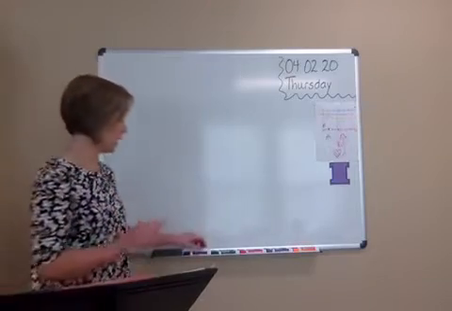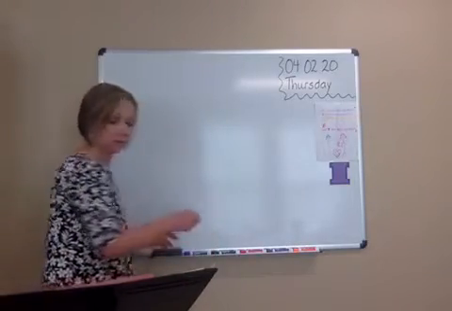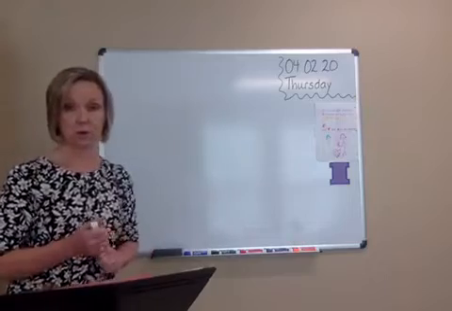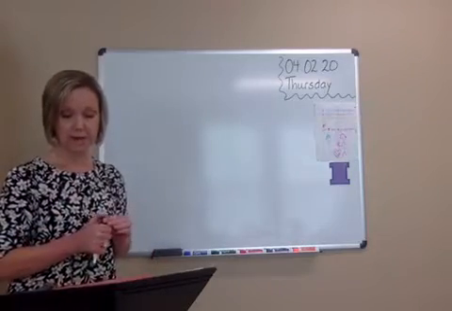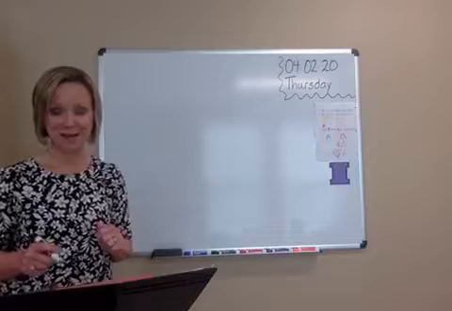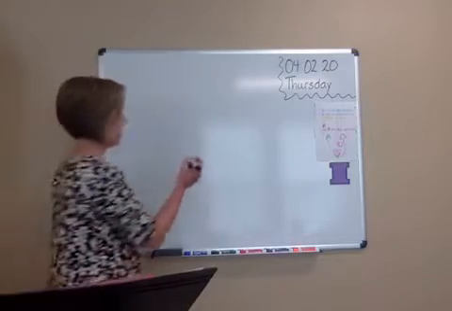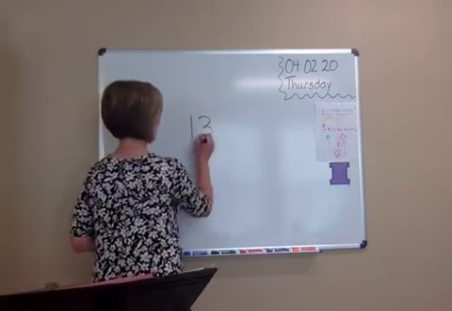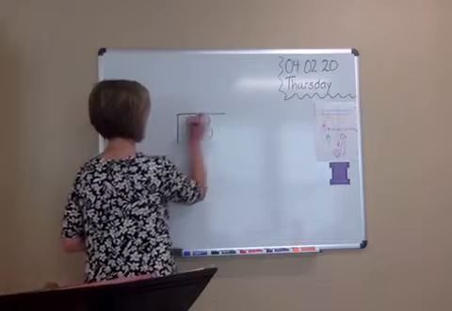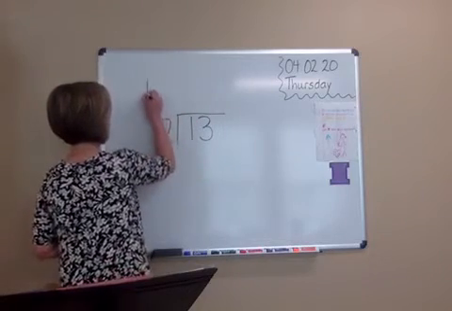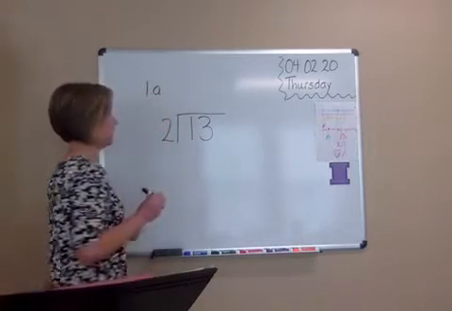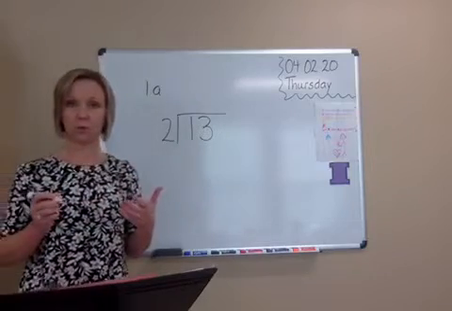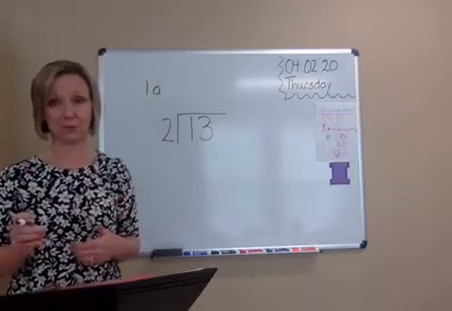Okay, so I want you to look up here at me because we're going to start with 1A, and I'm going to teach you how to do this, okay? You have 13 divided by 2, okay? This is just like around the world, except now we have remainders, right?